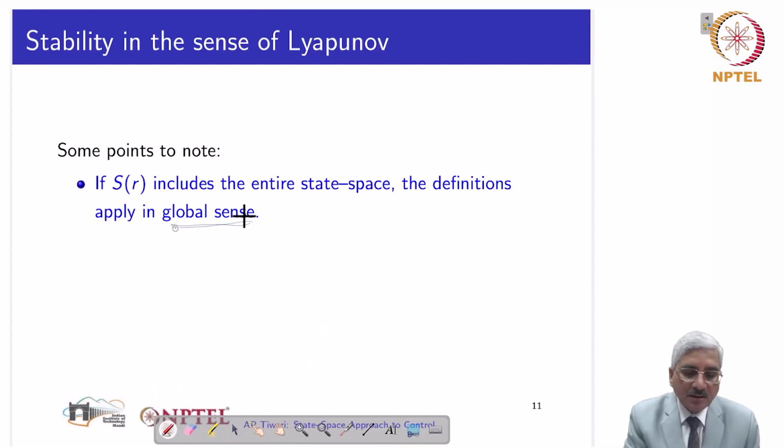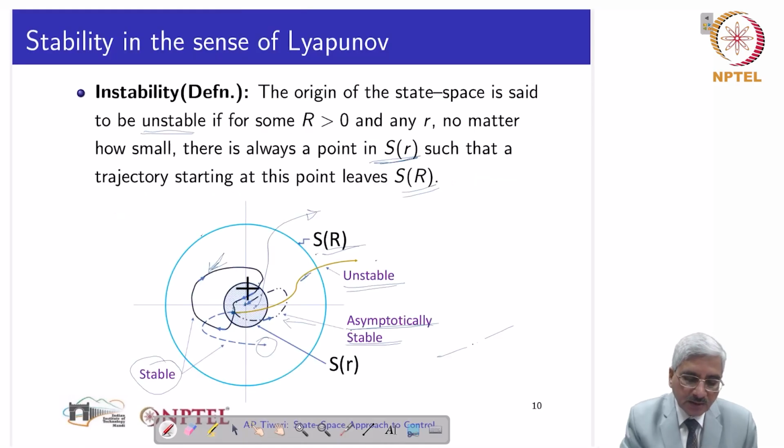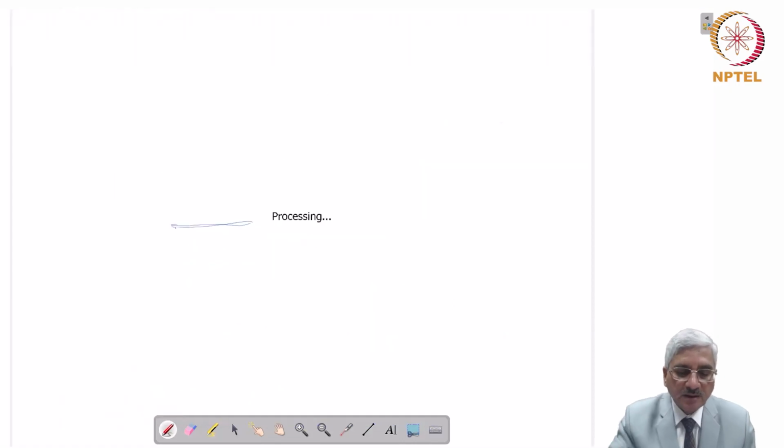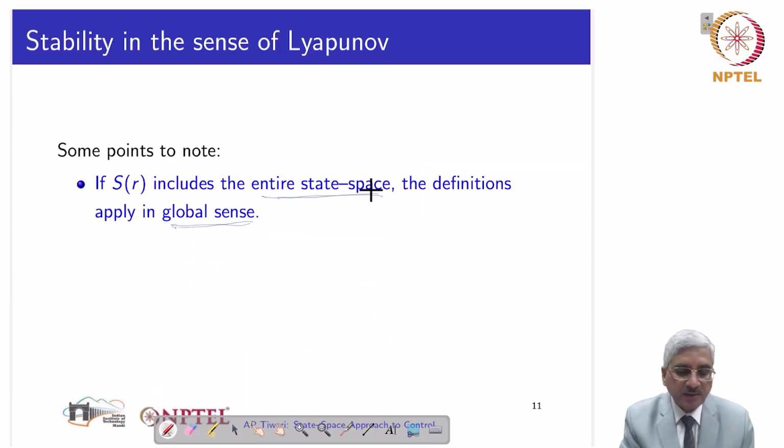Now if these radii S small r and S capital R become larger and larger, this region, which here was shown as a small spherical region, expands and becomes bigger and bigger, so as to cover the entire state space, then the stability in the sense of Lyapunov is global, and in the sense of global stability at large.